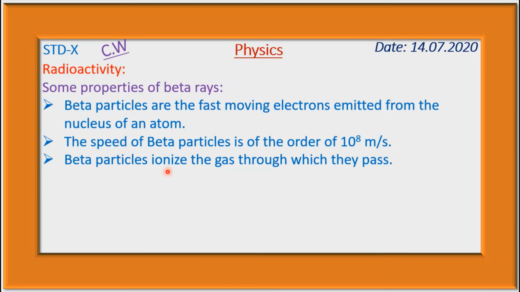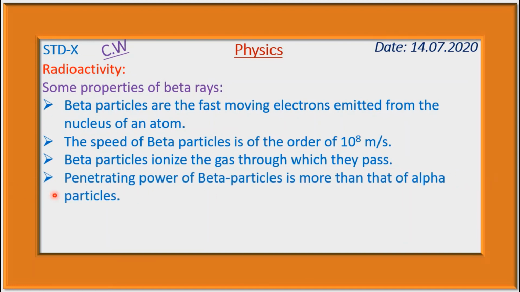Beta particles ionize the gas through which they pass, that is, they are also ionizing particles, and the penetrating power of beta particles is more than that of alpha particles. The penetrating power of alpha particles is less because they can be blocked by paper, but beta particles cannot be blocked by paper only. Beta particles affect a photographic plate.